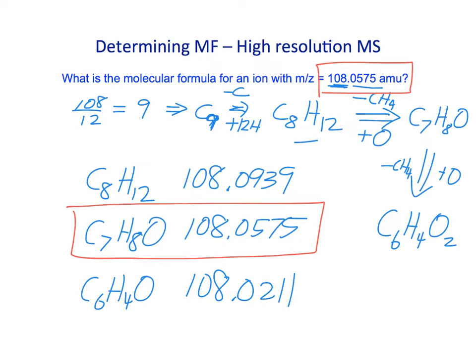That doesn't matter here, because we're not measuring a ratio of those isotopes. We're looking at one ion that has a certain combination of isotopes. So the carbon-12 from a plant versus an animal is going to have the same mass, even though its ratio of carbon-12 to carbon-13 is different.